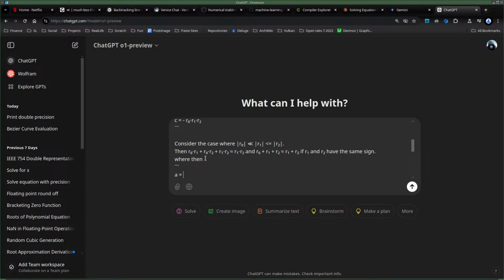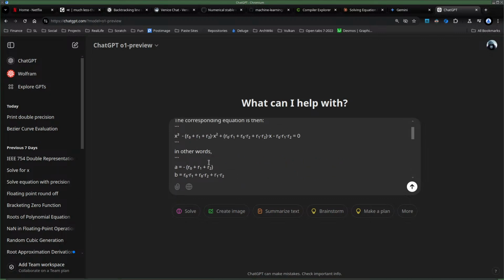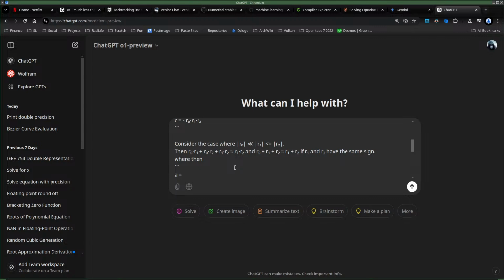So A equals, I said that this equals R1 plus R2, more or less. So A equals this, and I say that it is more or less that, therefore A is more or less that. I can't copy from here for some reason.